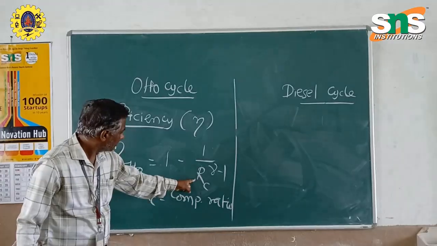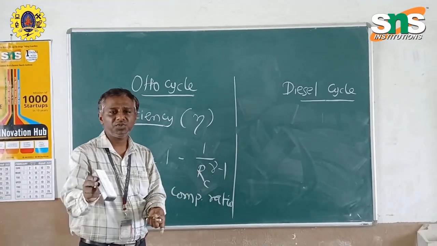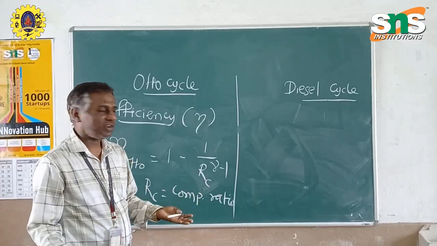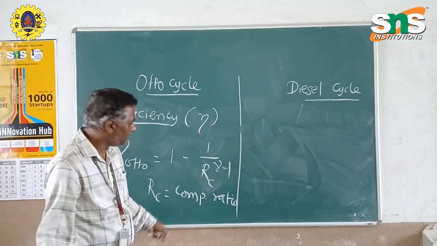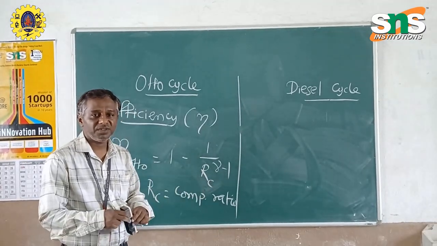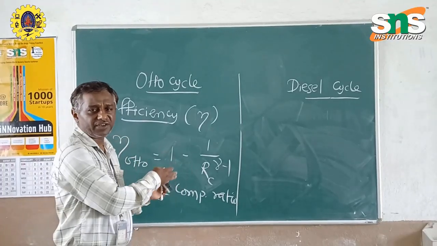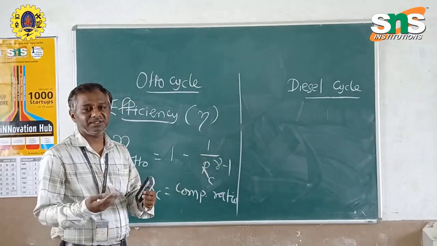Okay. So this adiabatic index depends on the Cp and Cv values with respect to only gases, whether carbon dioxide or air or oxygen. For gases, this is constant, so we don't bother about it. We have to bother only about the compression ratio. So how much the volume changes from the starting point to the end of the compression stroke, so that the compression ratio will be increasing.